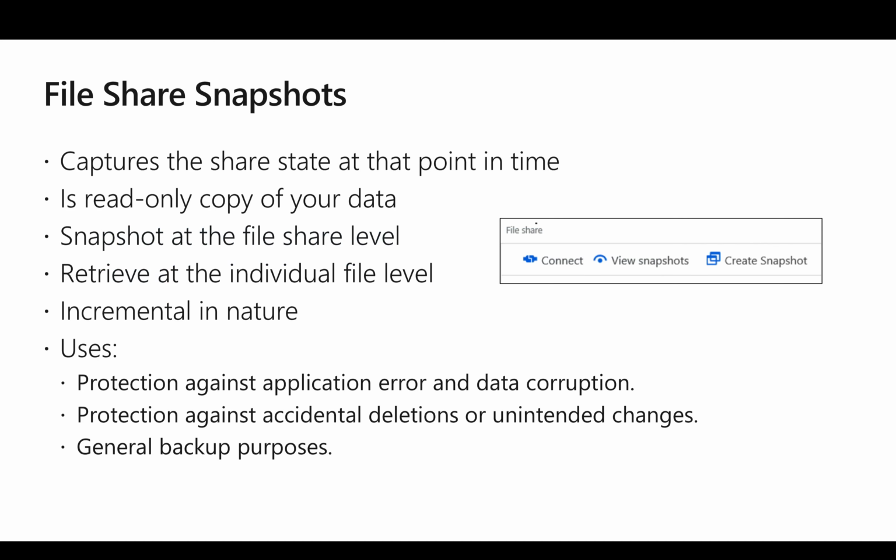One of the attractive capabilities with Azure Files is snapshot. The way a snapshot works is that it captures the state of the share at a point in time, and it is a read-only copy. We can take a snapshot of the entire share, and while retrieving, we can even retrieve at the individual file level.